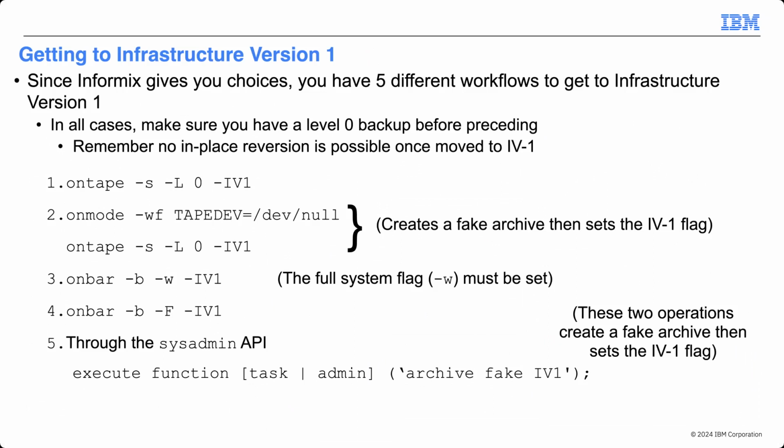In every single case, I strongly, strongly, strongly encourage you to have at least 1, if not 2, level 0 backups before you ever execute this command, just in case you want to move back. In some cases, these workflows actually create a fake backup for you and then make the trigger. But again, wear your belt, wear your braces, make sure that you have backups of your backups of your exports of your backups, just so that you have a way of getting back.